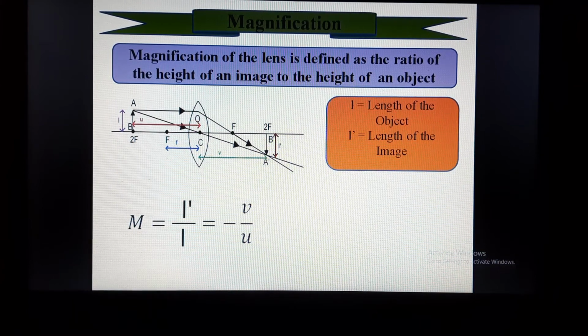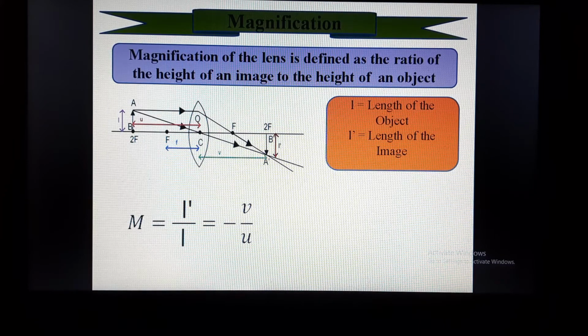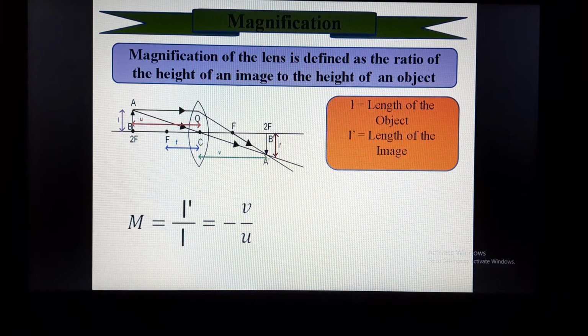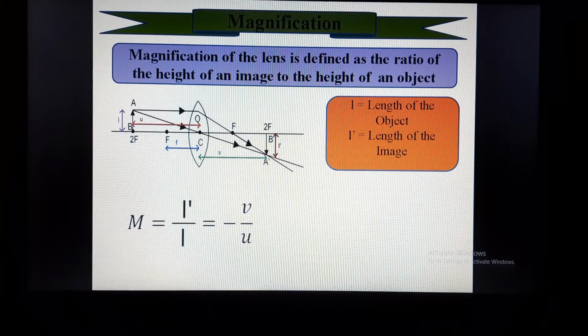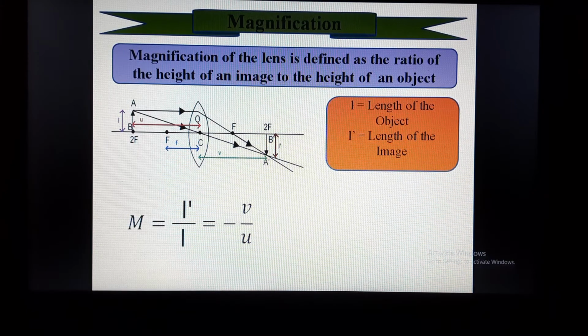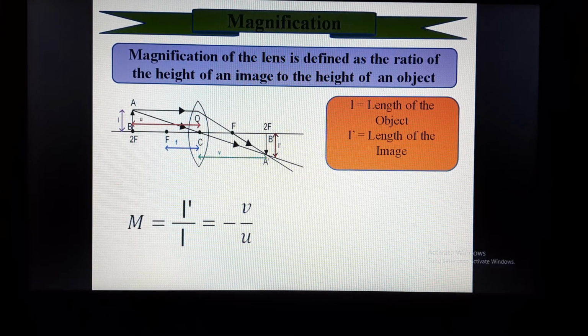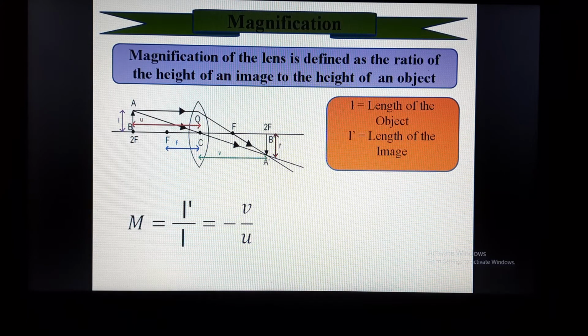Here the equation of magnification is M equal to L prime by L. Or we can also write this equation as M equal to minus V by U. Here V is the distance of the image from the optical center and U is the distance of the object from the optical center.